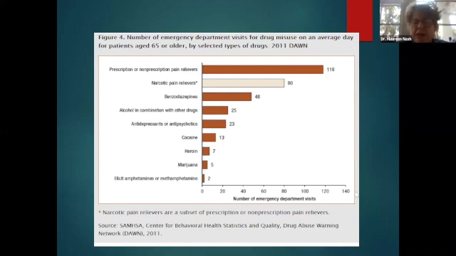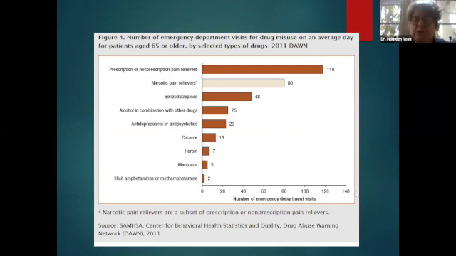Looking at United States data for emergency department visits, what you'll see is that pain relievers are the number one category. And if you look at that, opiates or narcotics are the lion's share of the pain relievers that lead to ED visits. The next biggest category, and it's huge, is benzodiazepines.